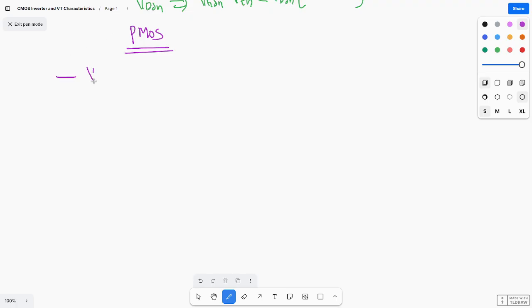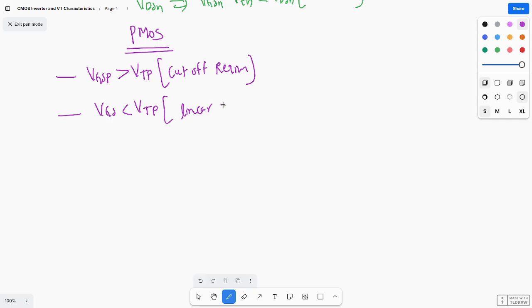VGSP should be greater than VTP, then this is the cutoff region, and VGSP is less than VTP, then which region? Linear region, or it can be the saturation region. It can be operated as linear or saturation. Linear or saturation is decided by what value?